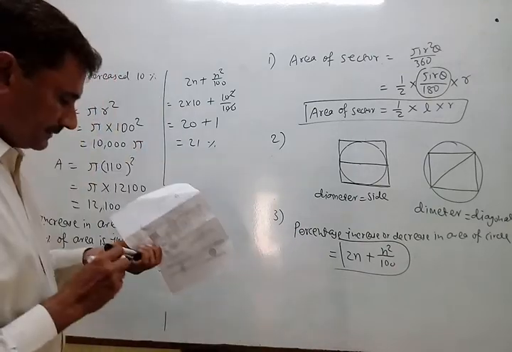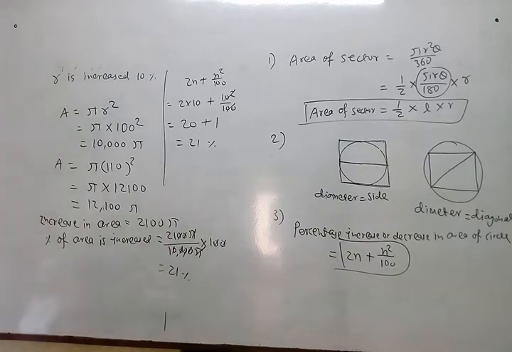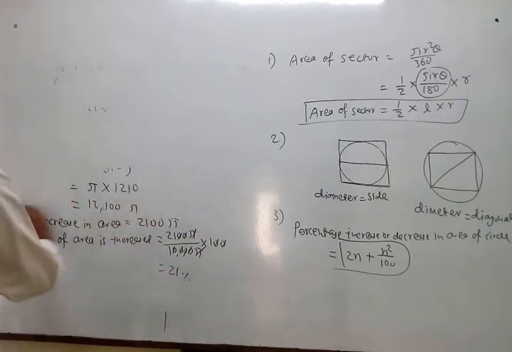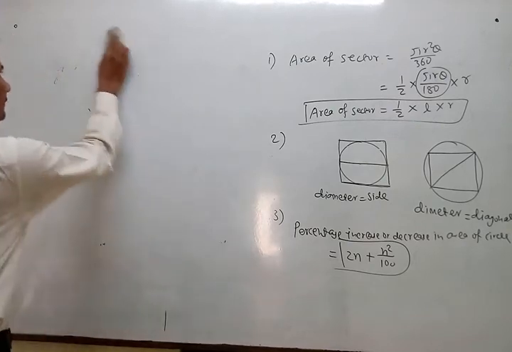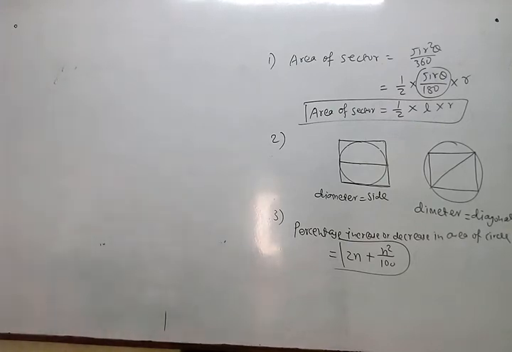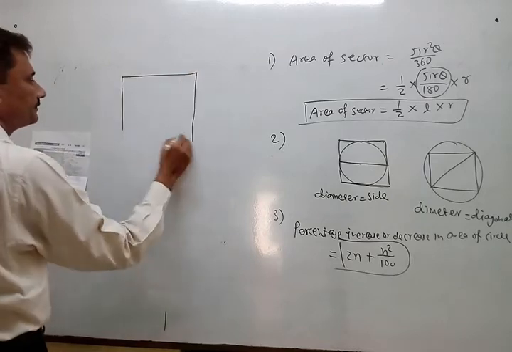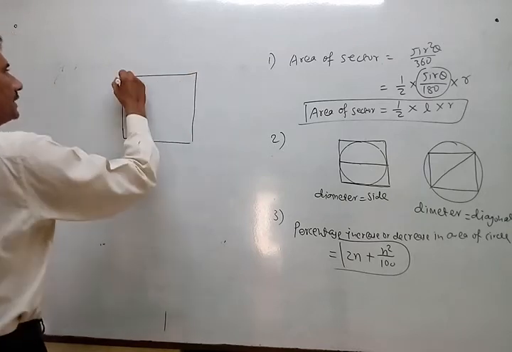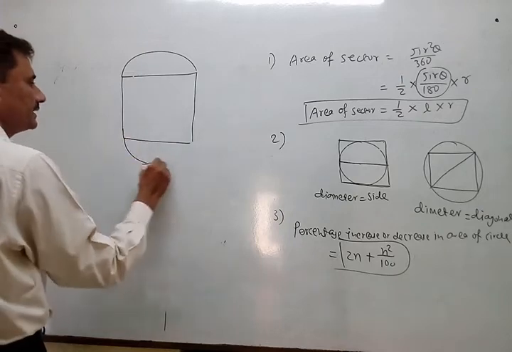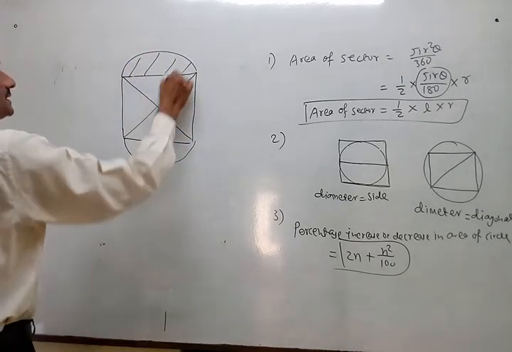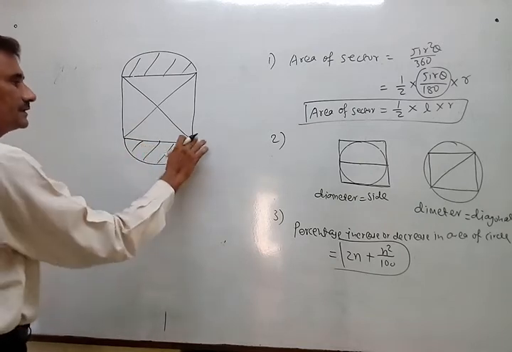Today I just give you only one example, one sum, just like example number 4. Same figure I am drawing here, everything is the same, only the measurements I am keeping different.